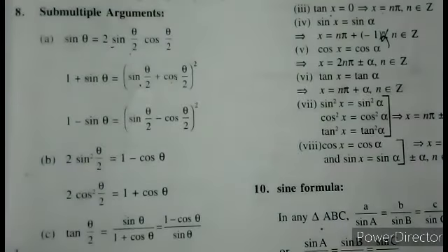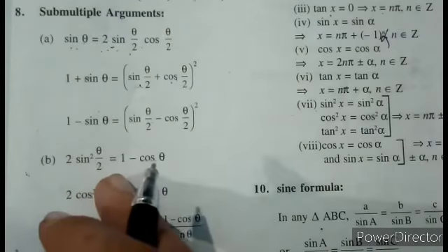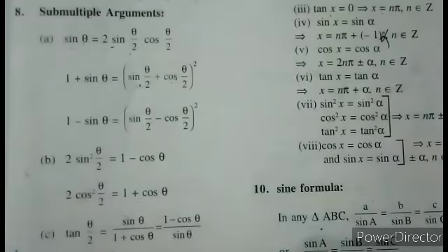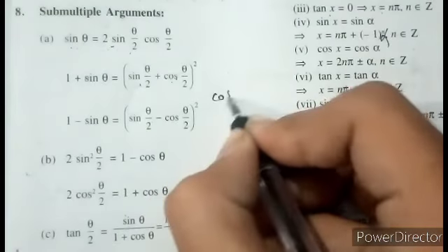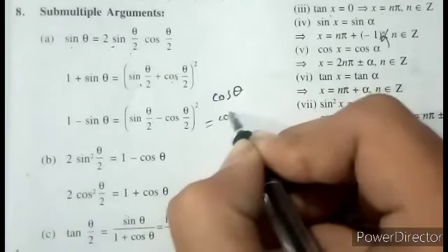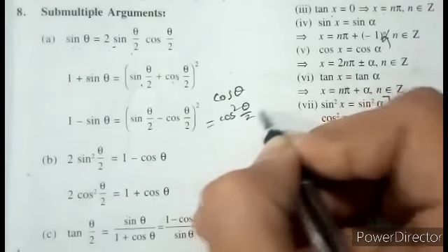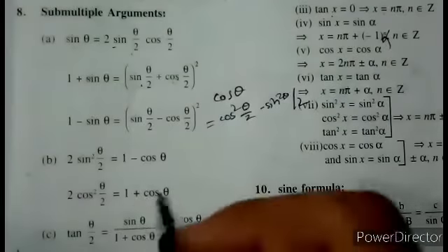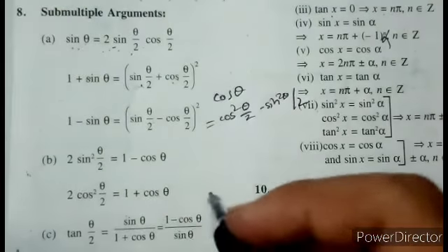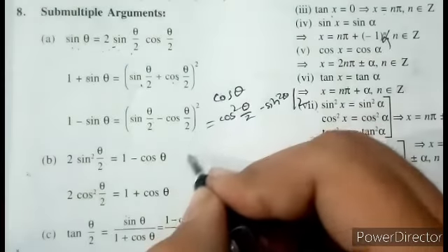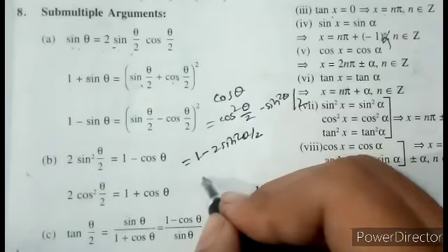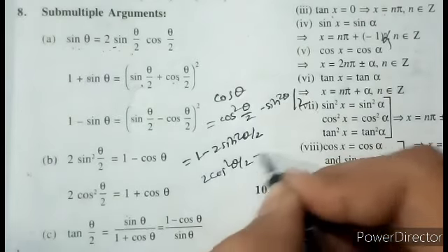Then come to the formula that cos theta is equal to cos square theta by 2 minus sin square theta by 2. Also we know the cos theta formula equals 1 minus 2 sin square theta by 2 and 2 cos square theta by 2 minus 1.